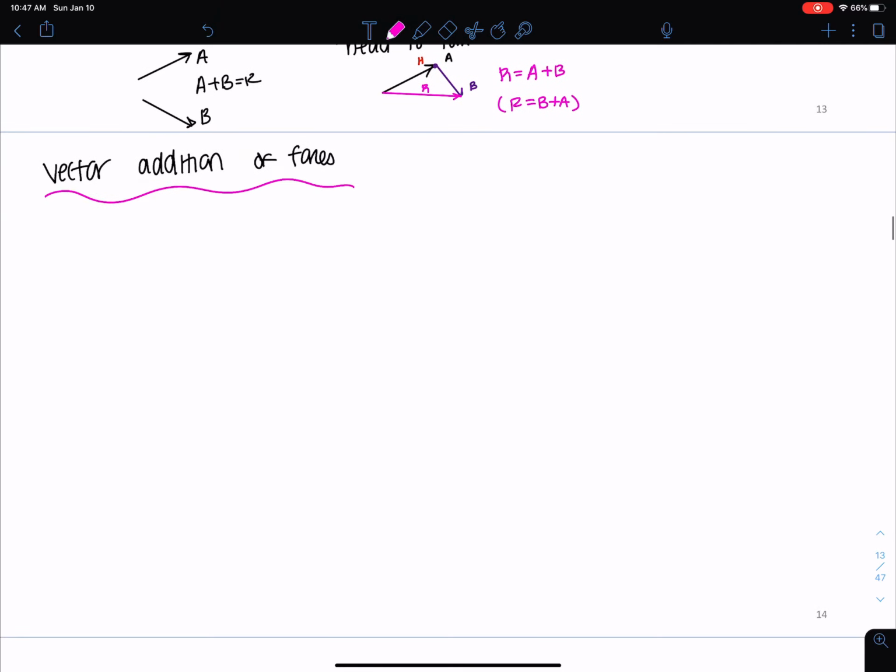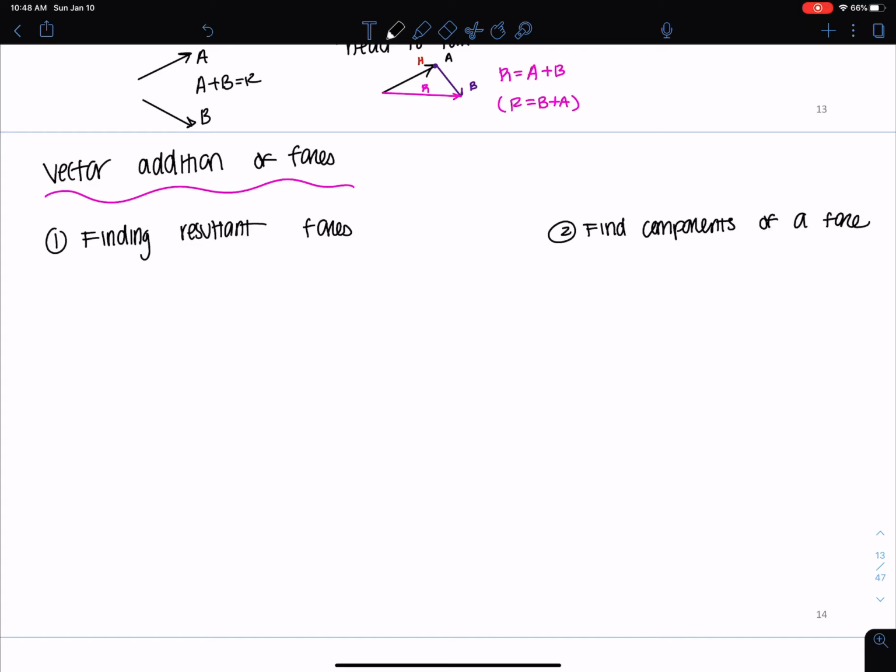Okay, so again, what we want to do here, we have number 1, which is finding resultant forces. A second thing that we want to do in this category is find components of a force. I'm going to be able to do both of these things. They kind of go hand in hand though, right?